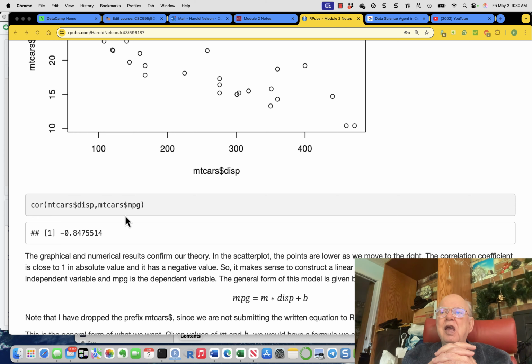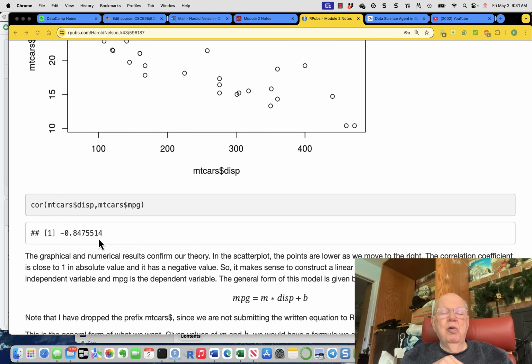If I had a negative 1, all those points would be exactly on a straight line going down. But I don't get a pure negative 1. What I get is negative 0.84, which is a really strong negative correlation.